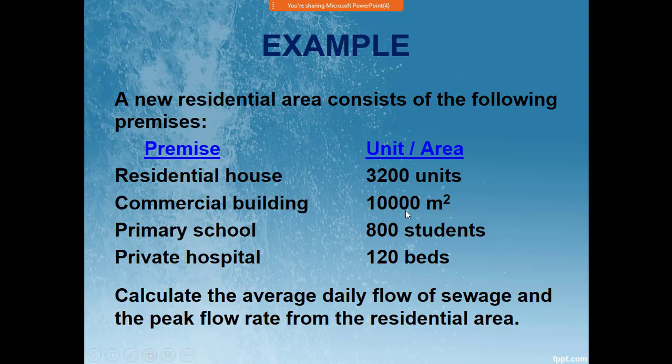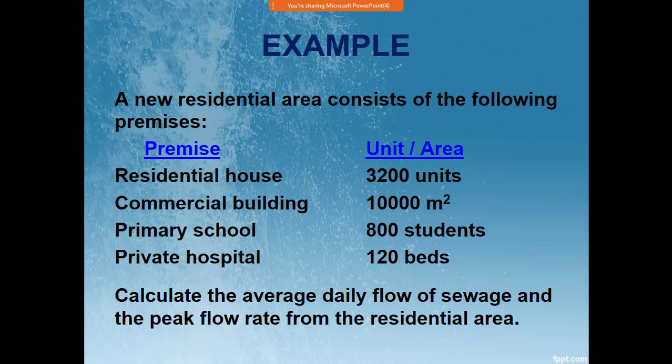We have a primary school that is a day school, which has 800 students. And also we have a private hospital that has 120 beds. Okay, so calculate the average daily flow of sewage and the peak flow rate from the residential area.